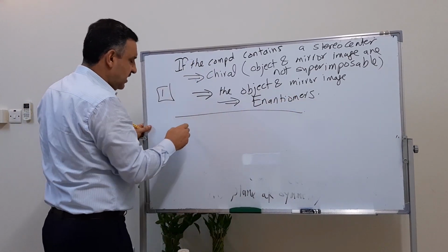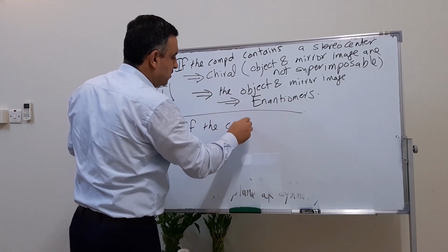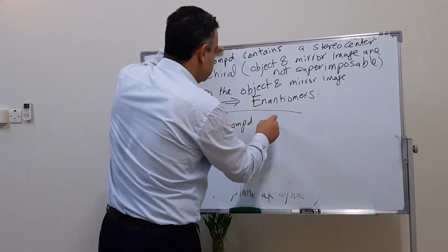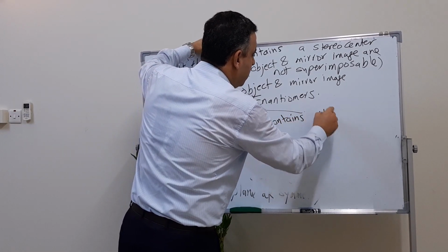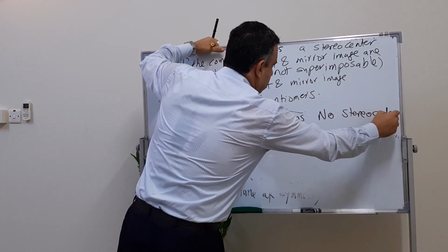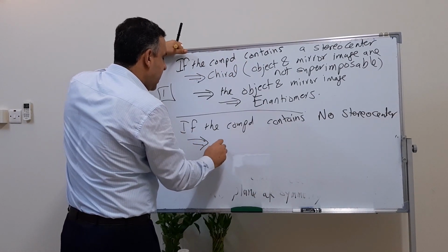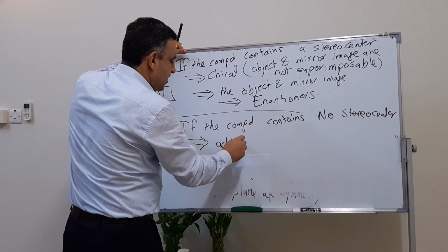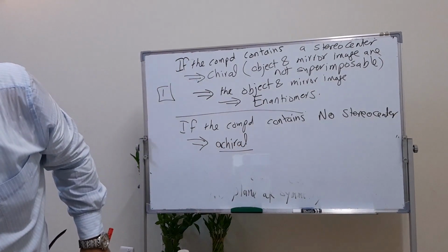The second case, if the compound contains no stereocenter, then we call this achiral. And the meaning of achiral is the opposite of chiral.